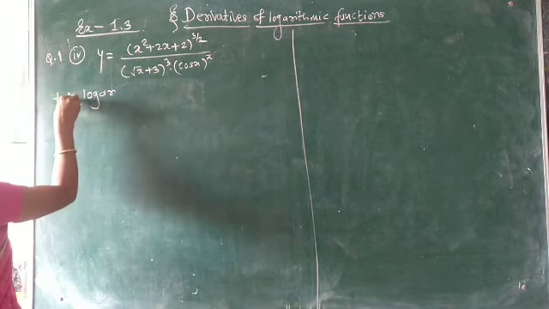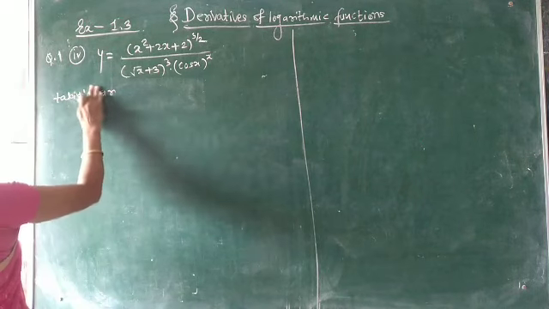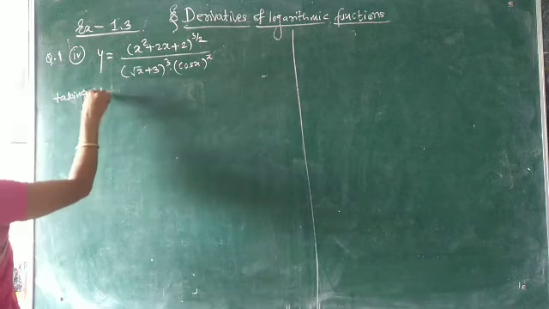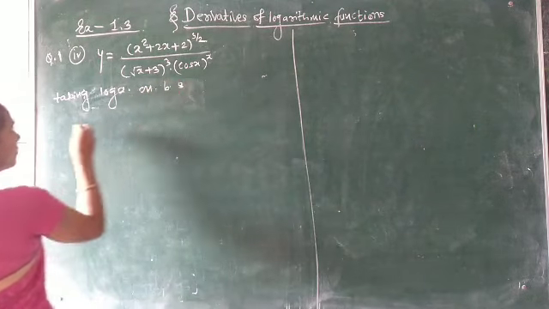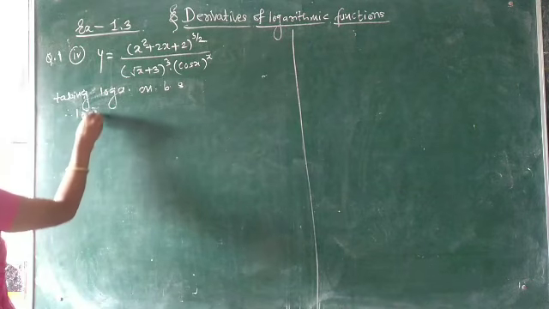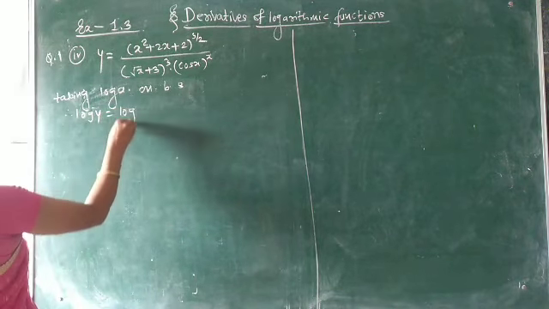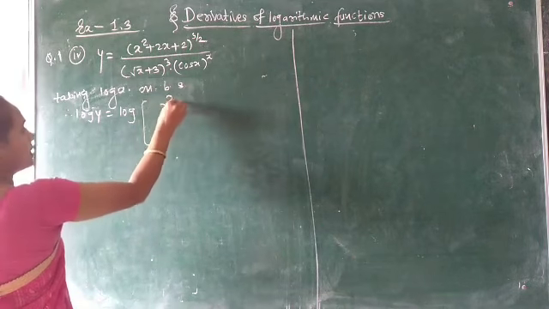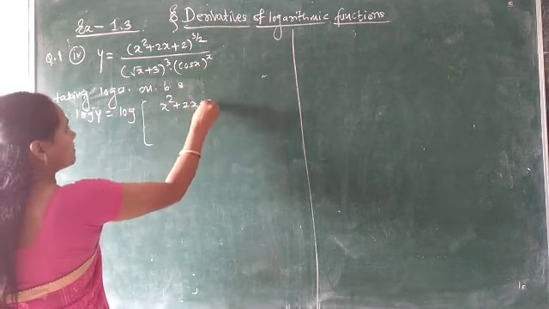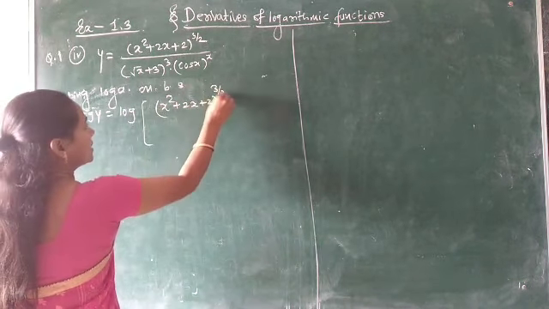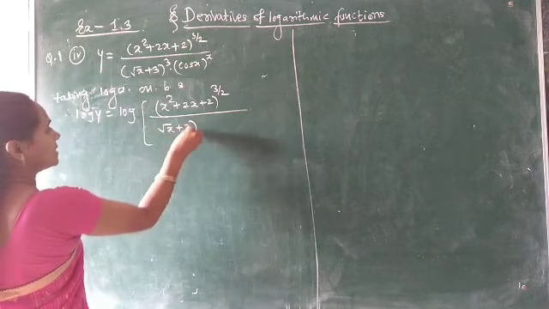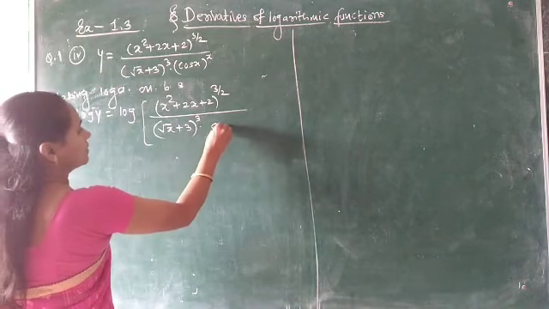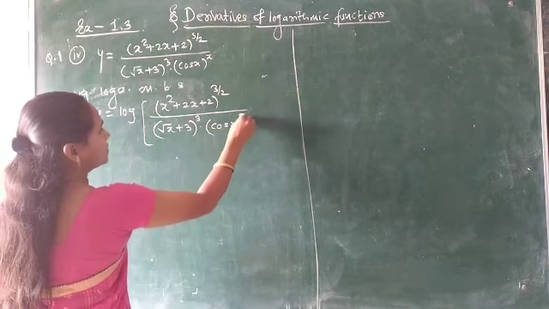Taking logarithm on both sides, we get log y is equal to log of (x square plus 2x plus 2) raised to 3 by 2 divided by ((root x plus 3) cube into (cos x) raised to x).